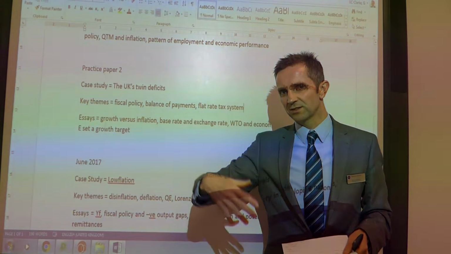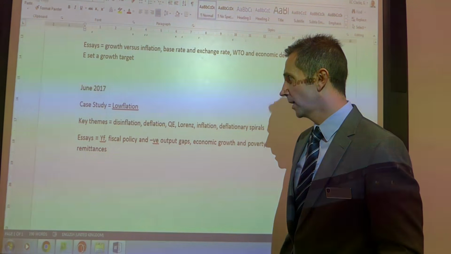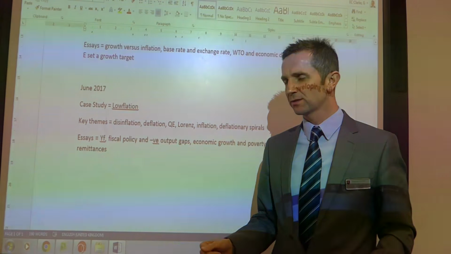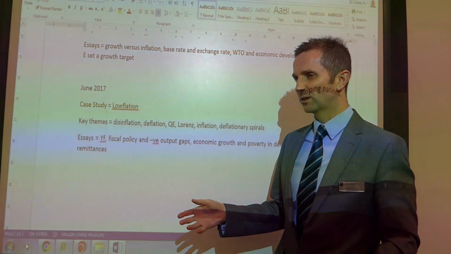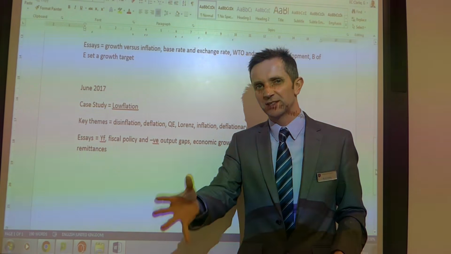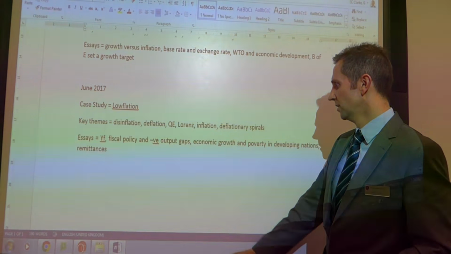And then finally, essays on last year's paper, where number 1 was on full employment, I think it was evaluate the extent to which an economy benefits from full employment, something like that. Fiscal policy and negative output gaps, how effective is it at reducing negative output gaps.